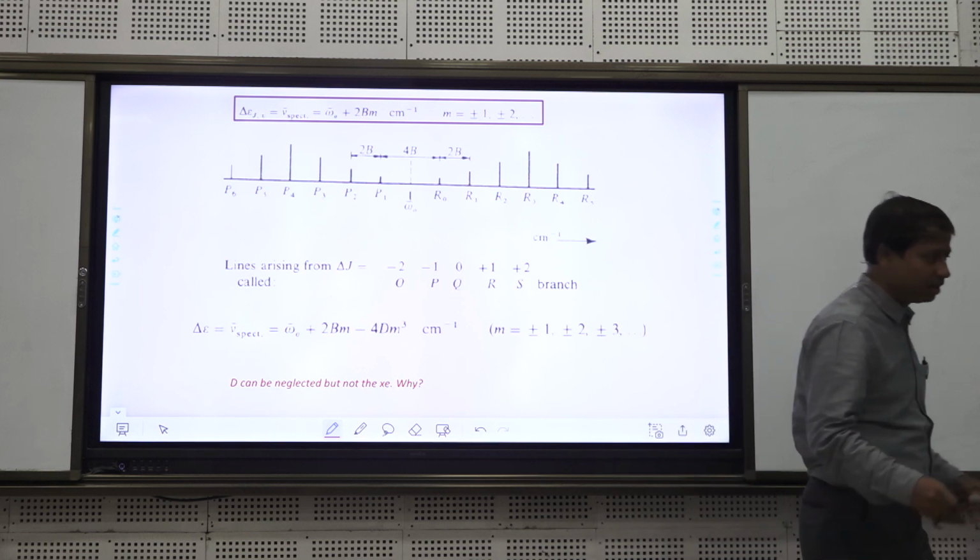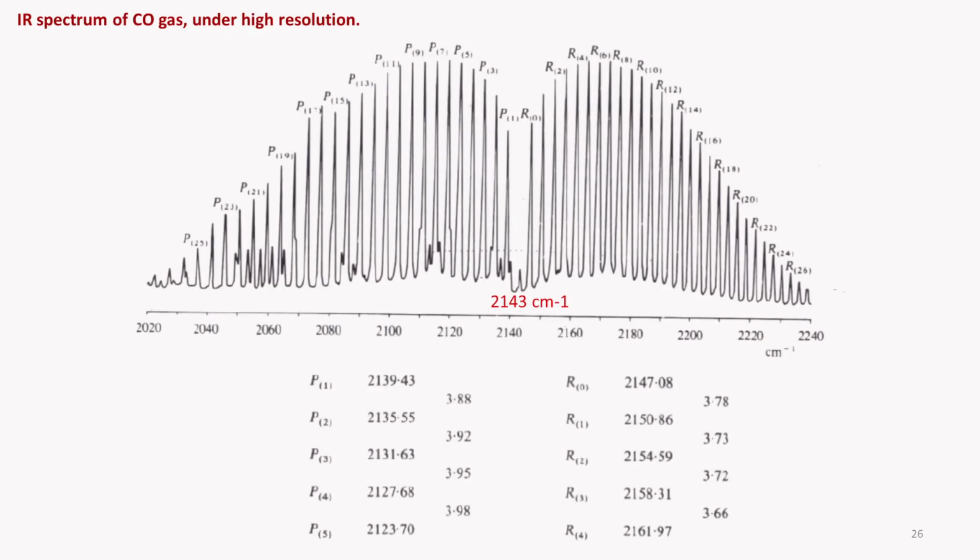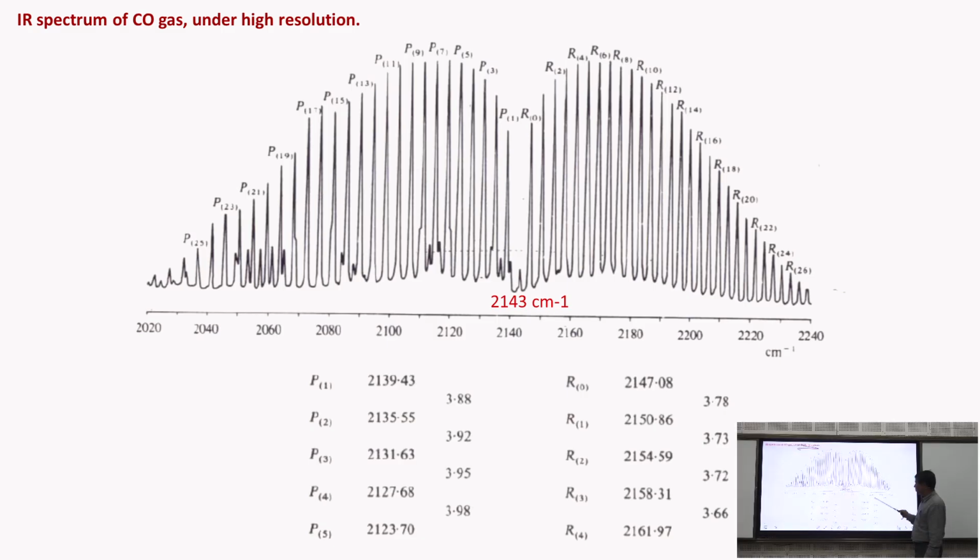We are happy that we could explain so many lines. But again, if you analyze the same molecule under high resolution spectroscopy and look at the data, see the data P1, P2, P3, P4. This is taken from another book. The difference between P1 and P2 is 2B, 3.88.